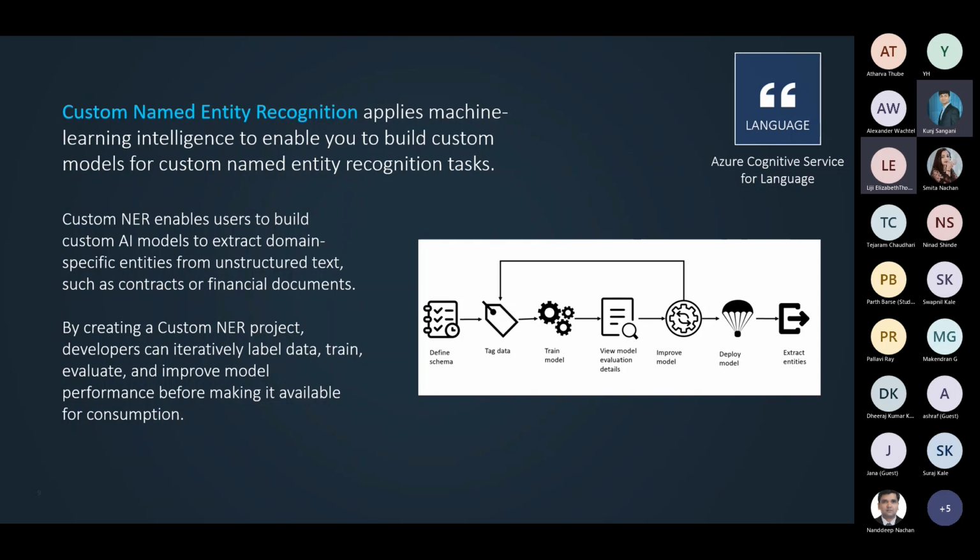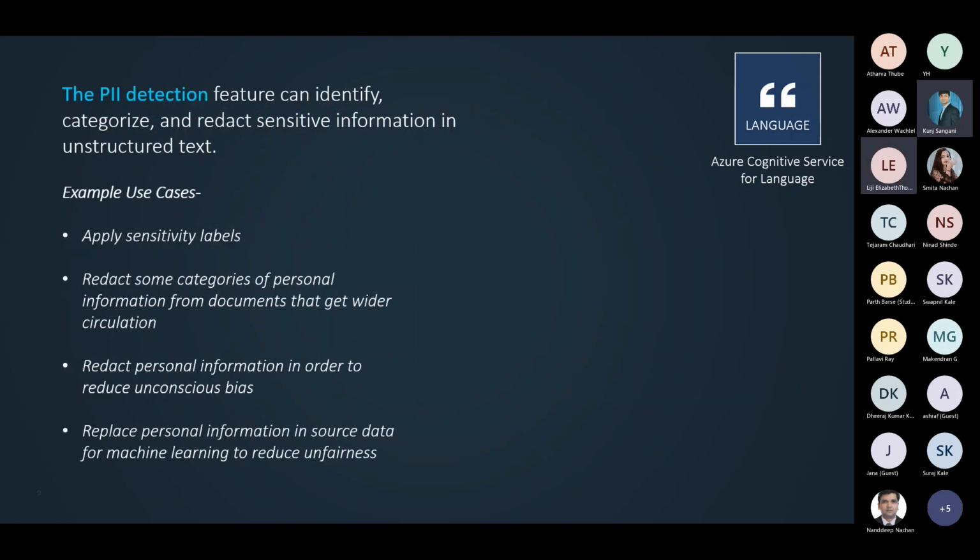Let's say you have rental agreements or you have your phone bills and you need to extract a few key phrases and entities from there, specific to your business problem. You can still do that. So you just need to create a project, train the model and deploy it accordingly. And a very relevant aspect of this, building upon the named entity recognition feature, is PII detection.